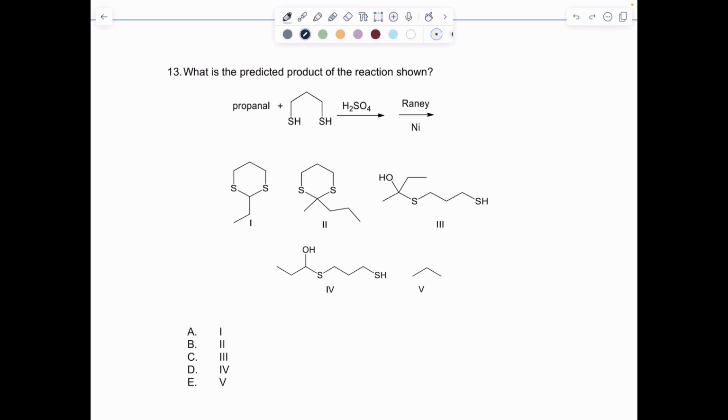So propanal is an aldehyde with 3 carbons. So 1, 2, 3, and then aldehyde. When we add dithiol in the presence of acid, we're going to convert the aldehyde into the following product.